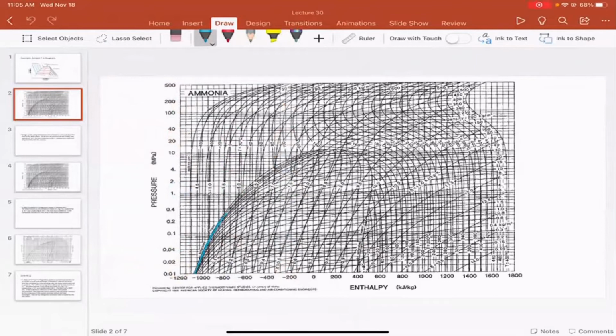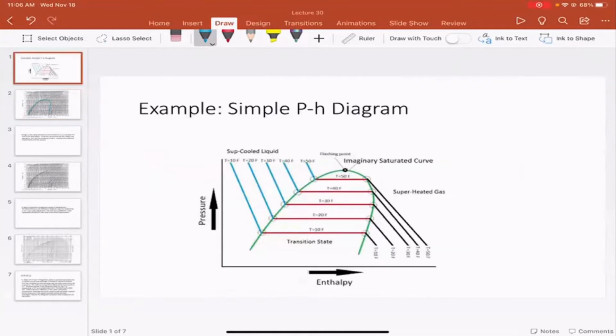we have our saturated line here, where we have saturated liquid and saturated vapor, okay? Now, also on this plot are the isotherms that I showed in the more simple diagram that's here.